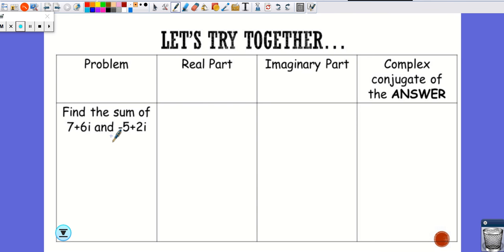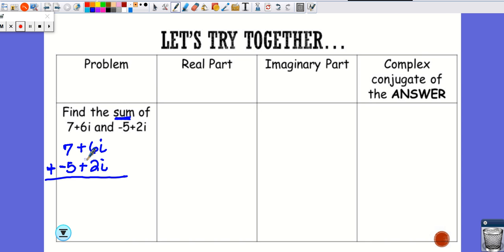Ready? So here's an example problem. It says find the sum of 7 plus 6i and negative 5 plus 2i. So here I'm going to say sum is the result of adding. So I'm going to say 7 plus 6i. And then under there, since this is plus, I'm going to say plus negative 5 plus 2i.